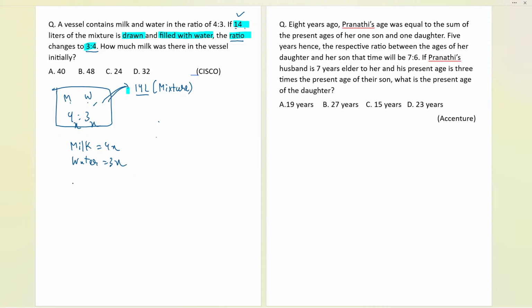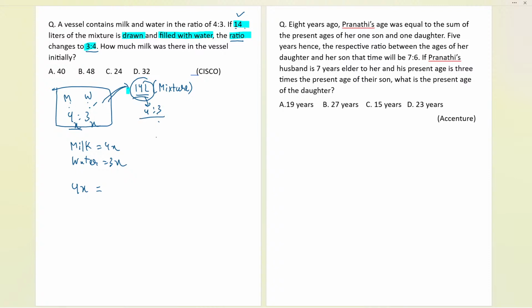Now, in 4x, if I talk about milk, from the milk we are taking out something. And what are we taking out? We are taking out 14 liters of mixture. In this 14 liters, the ratio will be the same, only 4:3.